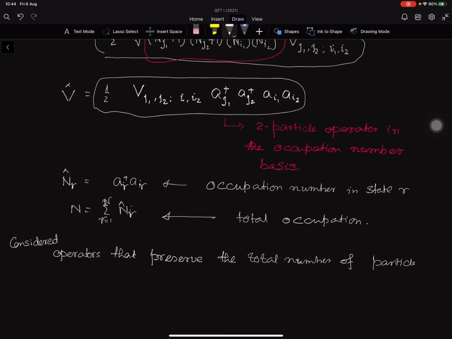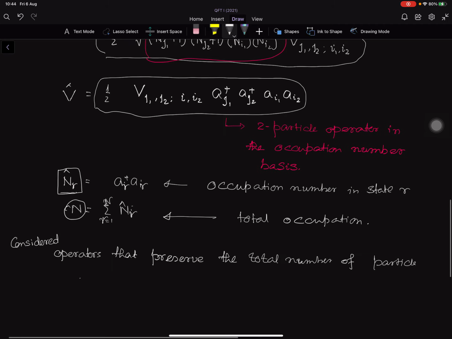I mean, this N_i or N_r individually are not conserved, but N is. So all the operators commute. For example, this operator commutes with N, because the number of creation operators and the number of annihilation operators is the same in this case.